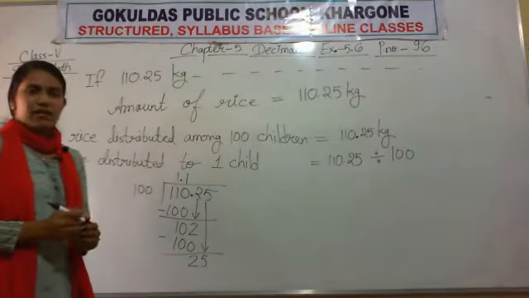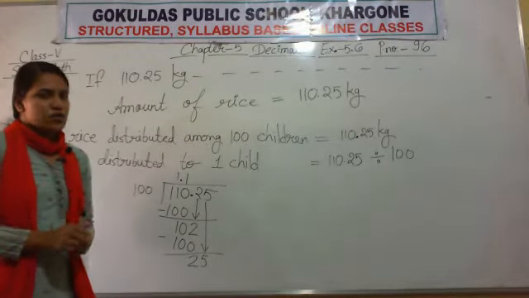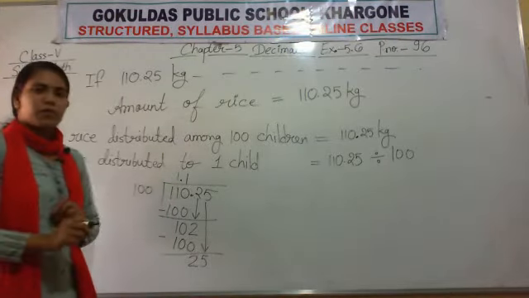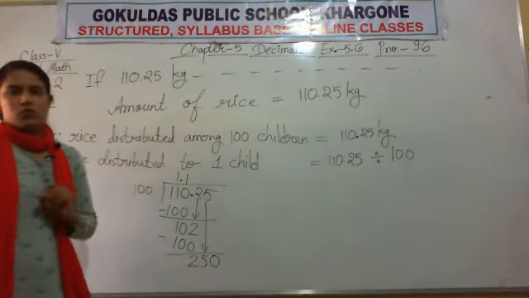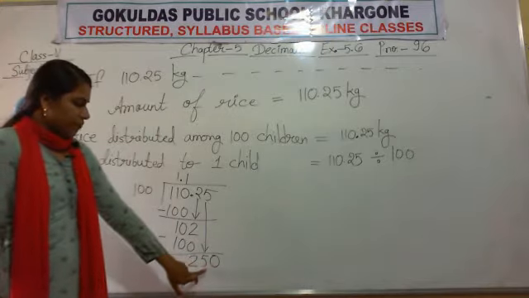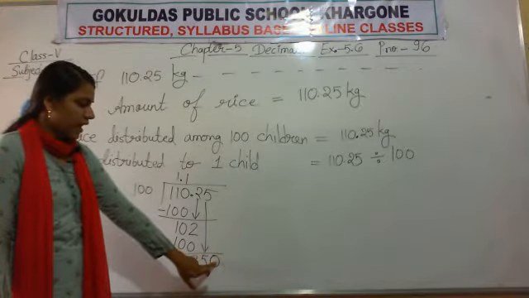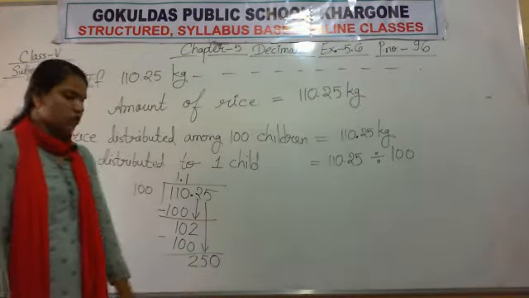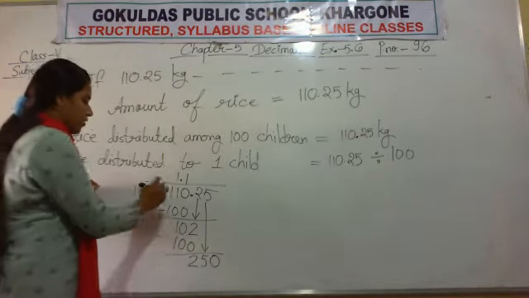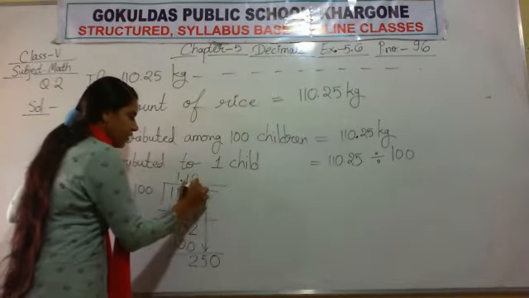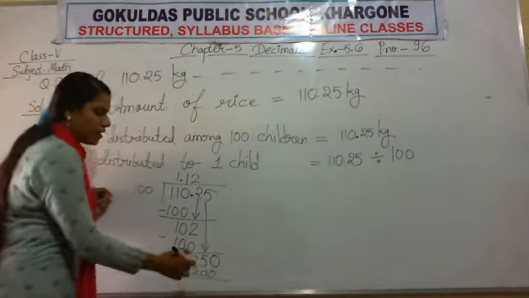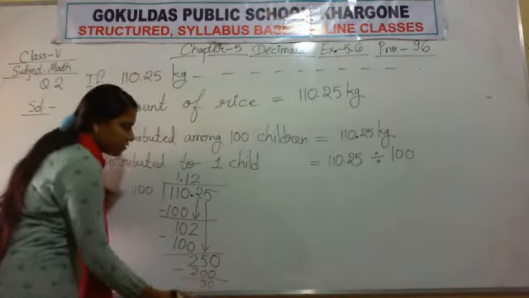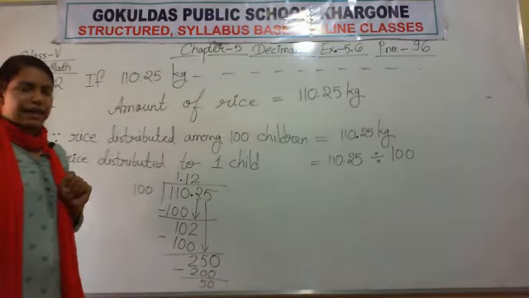25 is smaller than 100. As we have already put a decimal here, we can add a 0 to the right side of the 5. Now 100 twos are 200. 250 minus 200 gives you 50 as the result, right?